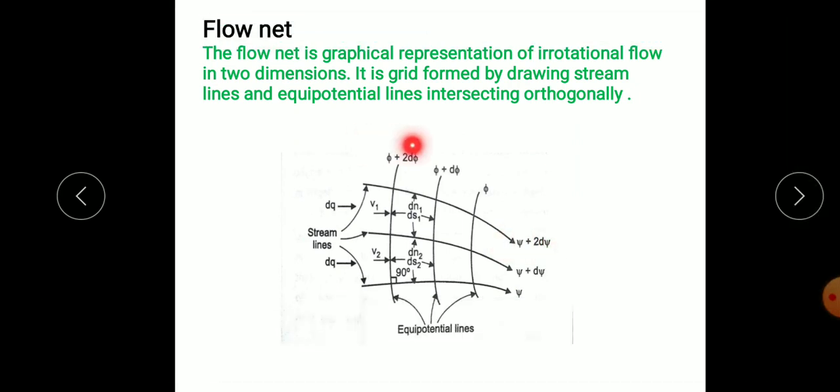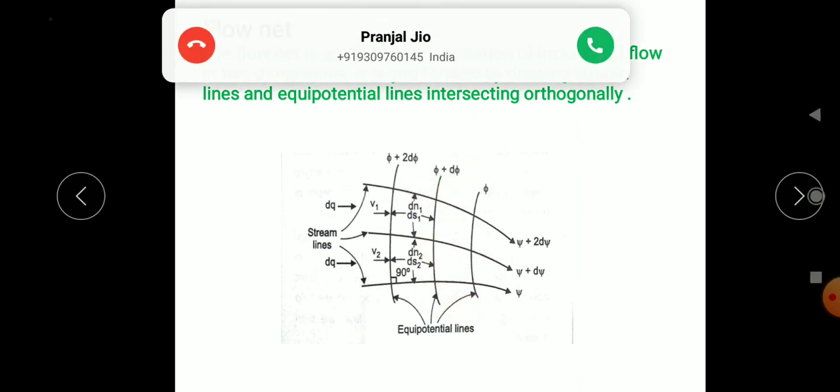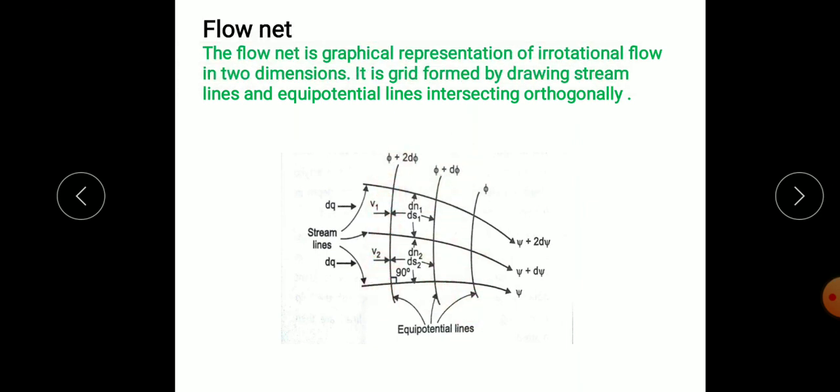Like this we can draw the streamlines, and also we can draw the potential lines. Then the difference between two consecutive ones, between these and these, is d phi. Between these two and these two is again the potential difference d phi. Velocity potential is constant along each line, and we take d psi and d phi as the same value.